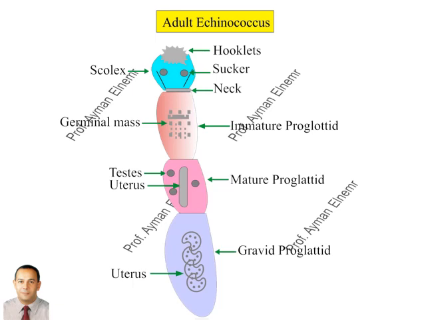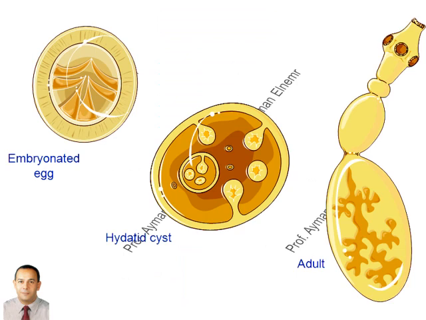The last segment is called the gravid proglottid, and it contains eggs. Each segment may contain as many as 40,000 eggs. The eggs contain an embryo named hexacanth embryo, and this is the structure of the mature hydatid cyst, which will be discussed later.